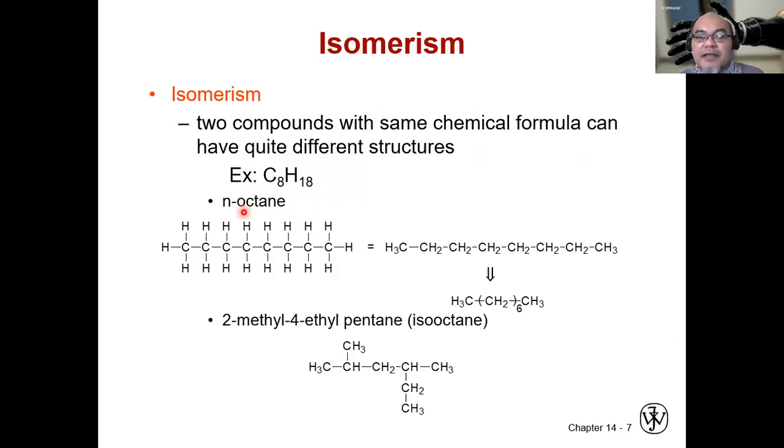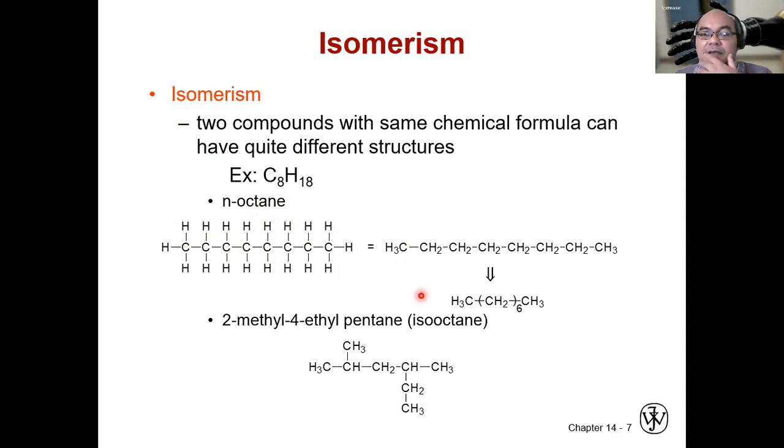For example, in n-octane, C8H18, the formula is like this, but it can have various different structures. It can be just one single long chain, which we call n-octane, consisting of 8 carbon atoms connected in one single chain, and each of the carbons binds to 2 hydrogen atoms except the 2 atoms at the 2 ends.